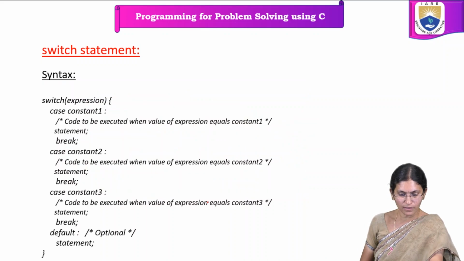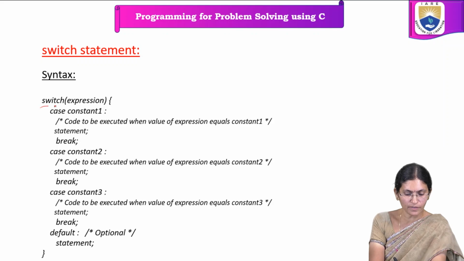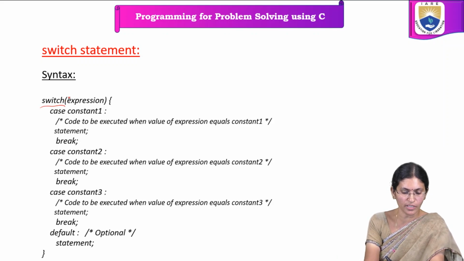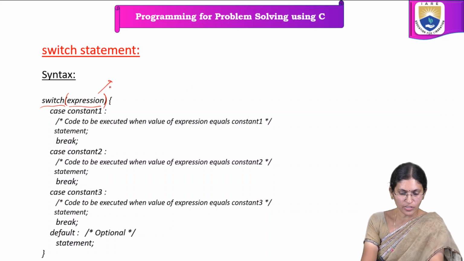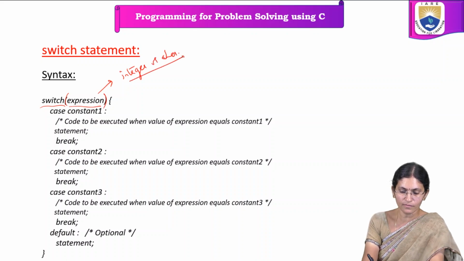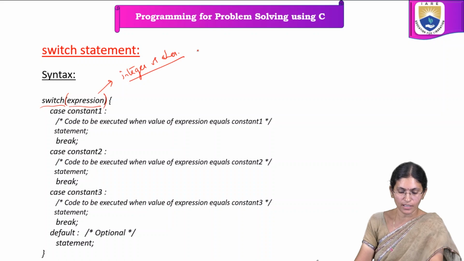Now let us see the syntax first, and then we'll see one program for the switch statement. In this syntax, first the keyword switch is used, and then inside the parentheses we have the expression. The expression evaluates to an integer value. This expression can be an integer or character, but it cannot be a float or a double.